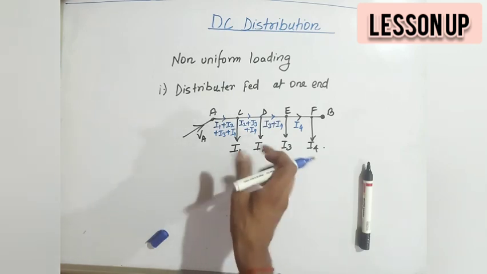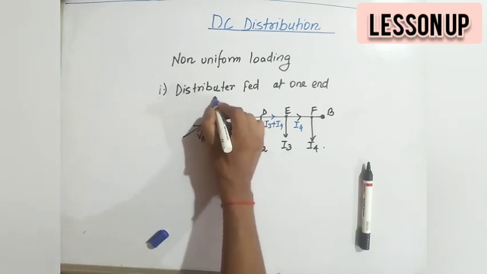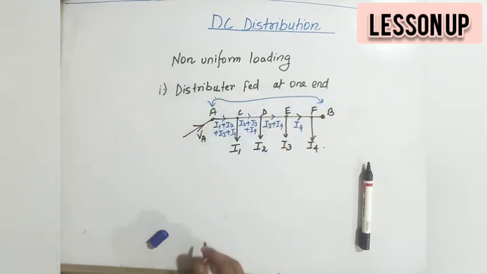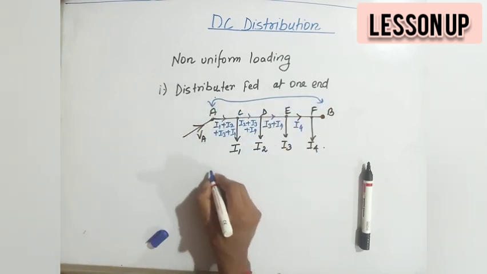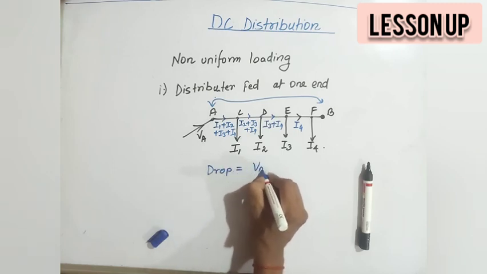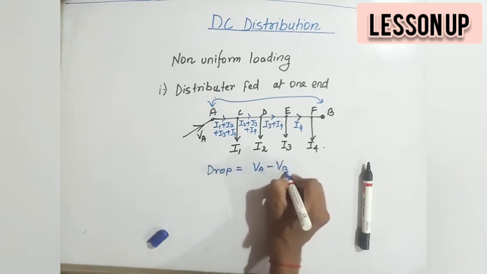The total drop between A and B will be equal to VA minus VB.